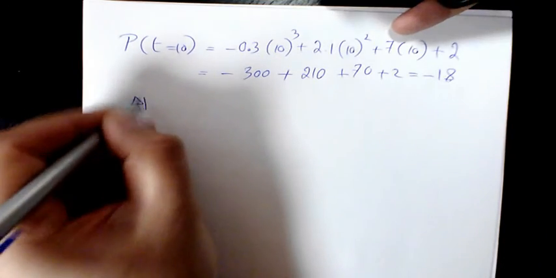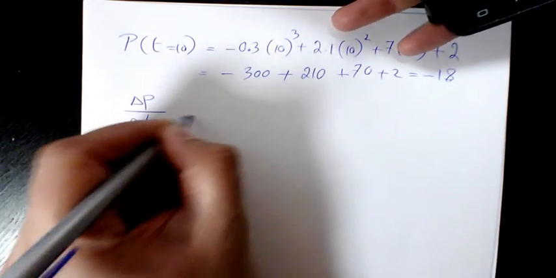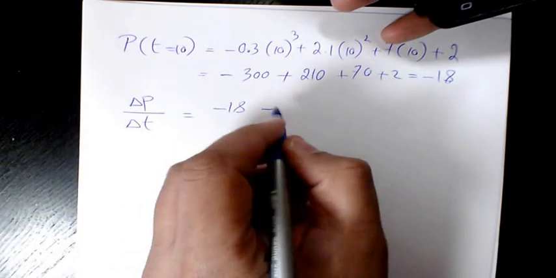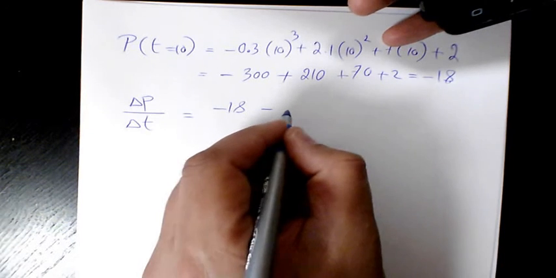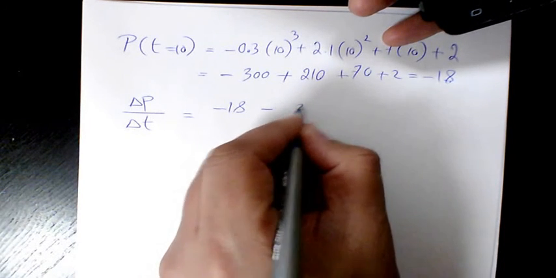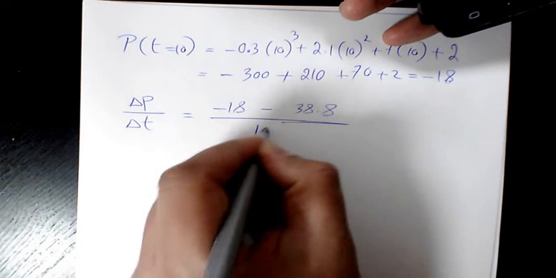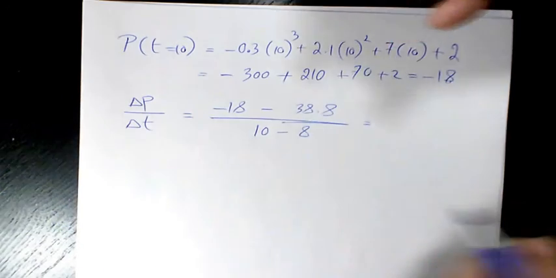So delta P over delta T is going to be negative 18 minus the price at year 8, which was 38.8, over 10 minus 8.